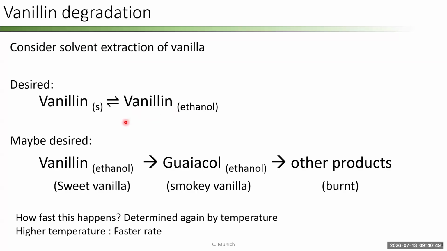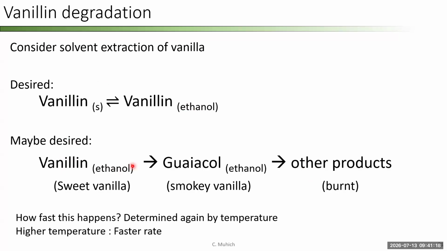So one thing that we could consider is heating that reaction to make it go faster, right? But when I heat it, not only is this desired reaction going to go faster, but we also can end up with undesired reactions where vanillin turns to guaiacol, which is a smoky vanilla flavor, or if we let it go too long, we can form burnt notes, right?